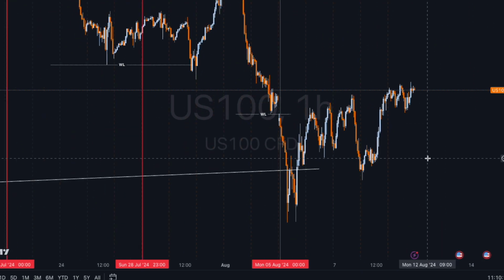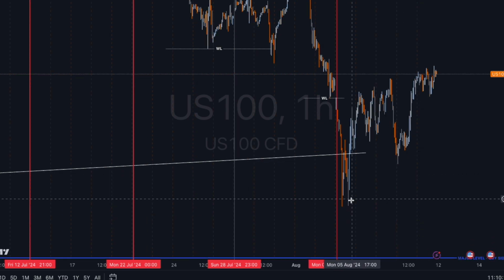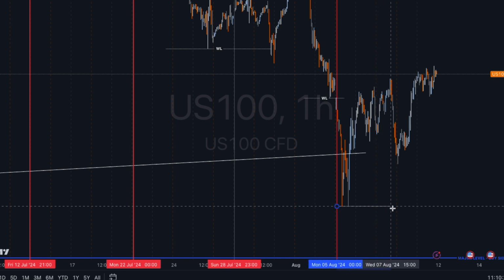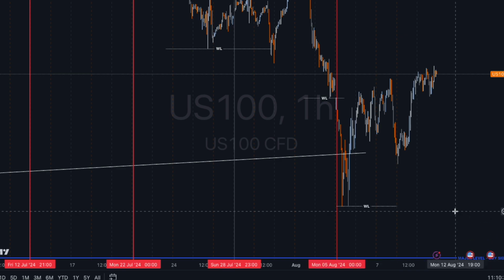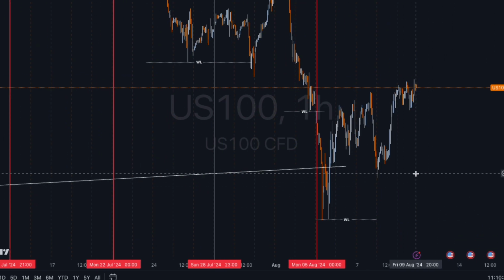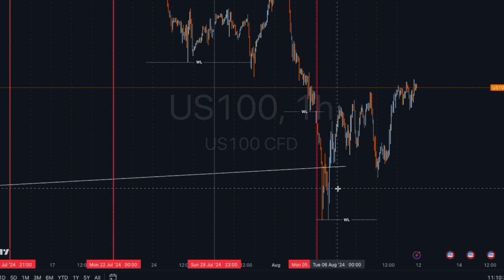Now looking at the week just gone, which is week commencing Monday the 5th of August, we also had a low that was set for us very early in the week, on a Monday. So that was the weekly low right here. And then we also had the weekly high that was set for us on a Friday.